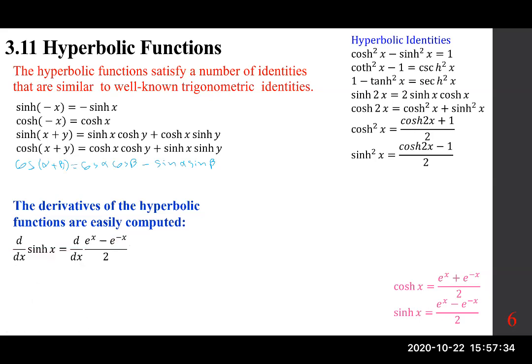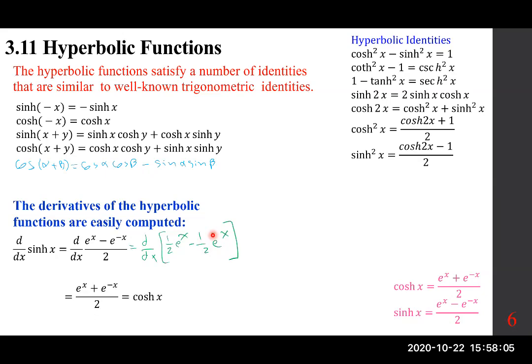If it helps you see, I can rewrite it: this is the same as d/dx of 1/2 e to the power of x minus 1/2 e to the power of minus x. So you're differentiating piece by piece. This gives you itself, and this gives you negative 1/2 times negative, which becomes plus 1/2 e to the power of minus x.